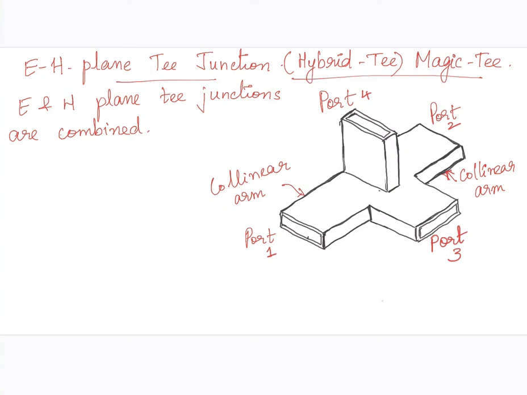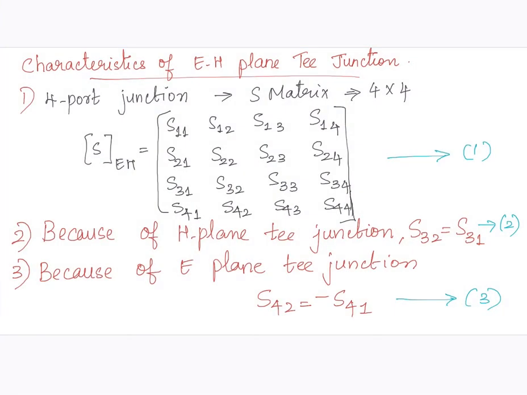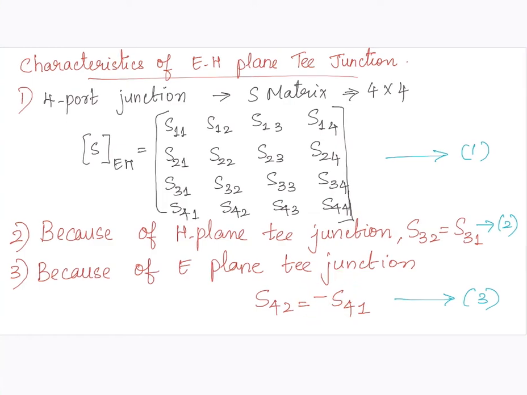Which can be denoted as S41 is equal to minus S42. So both are denoted here: for the H-plane T junction S32 equal to S31, and for the E-plane T junction S42 is equal to minus S41. Here the negative sign denotes the phase is changing by 180 degrees.